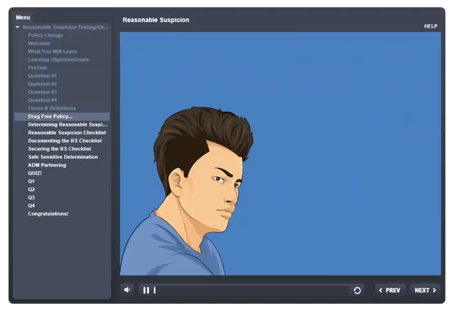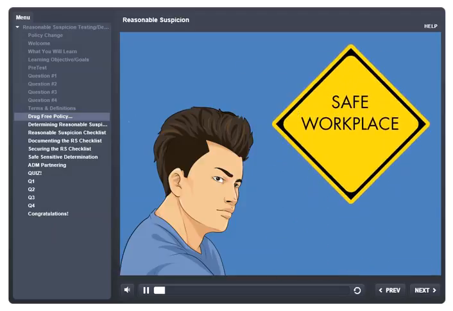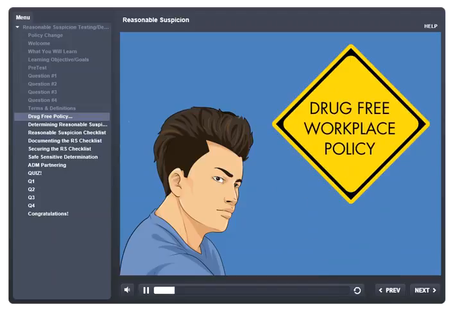As a manager, you have an obligation to provide a non-hostile and, as much as possible, a safe workplace for your team members. Professional team member behavior is a reasonable expectation, and a drug-free workplace policy is an important step in setting that expectation.